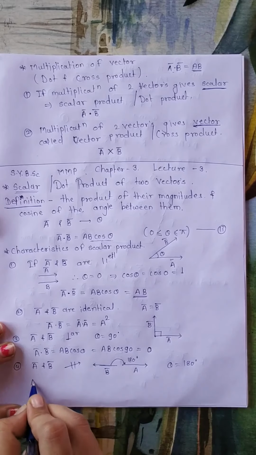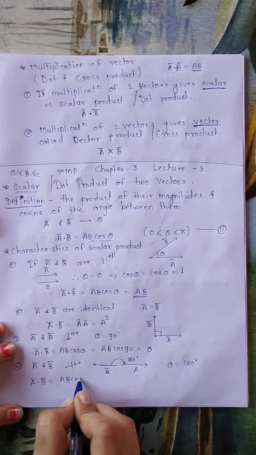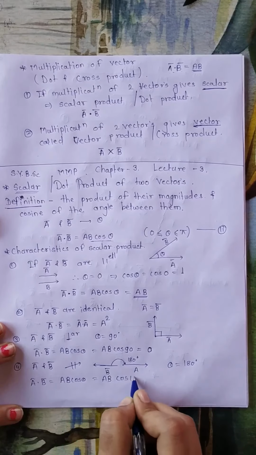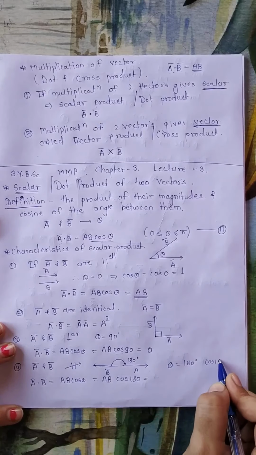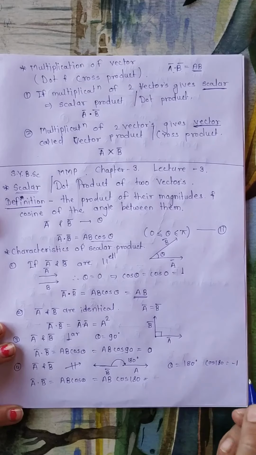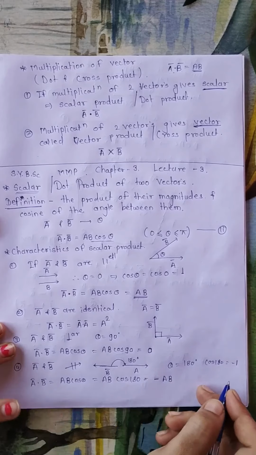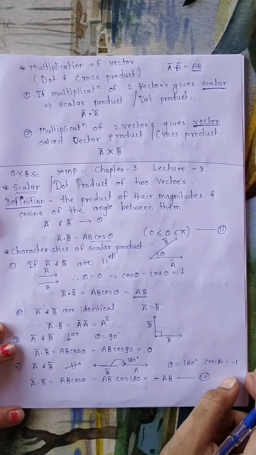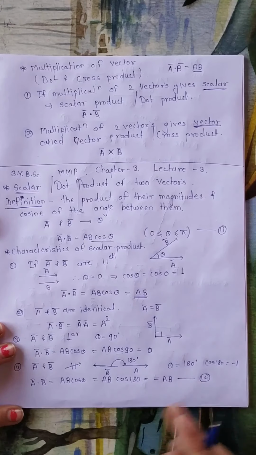Now a bar dot b bar will be ab cos theta, that is ab cos 180. The value of cos 180 is nothing but minus 1. Therefore here we will get minus a into b. Let me call this equation 12. So when two vectors are anti-parallel to each other, the dot product is minus ab.